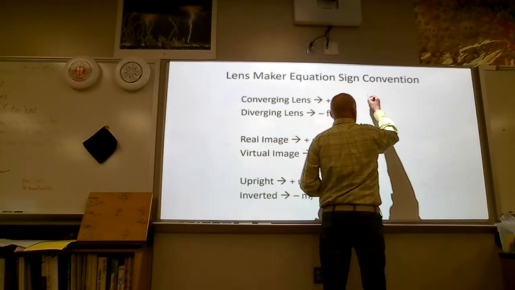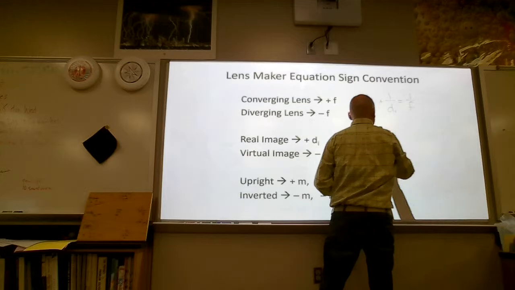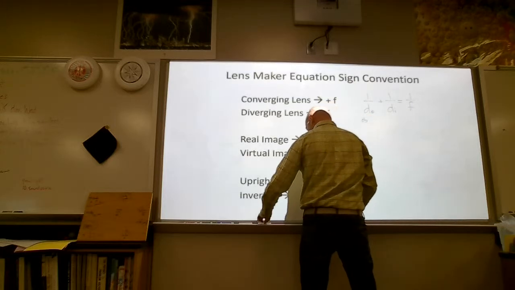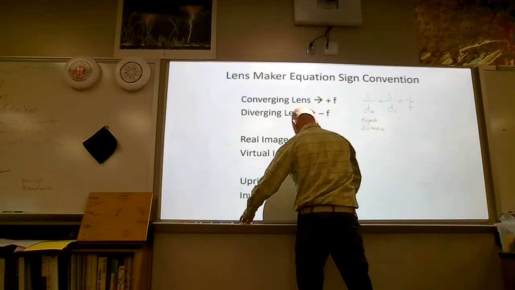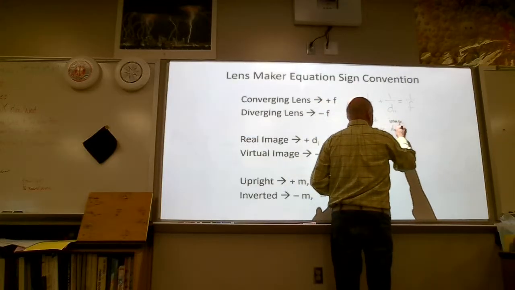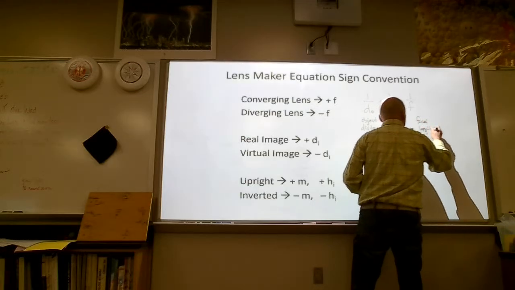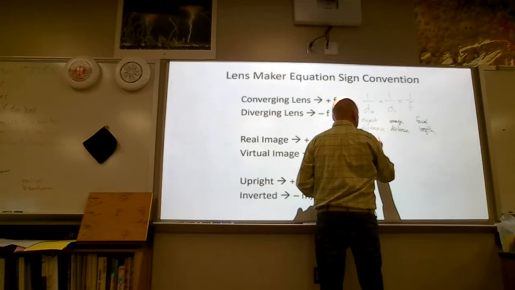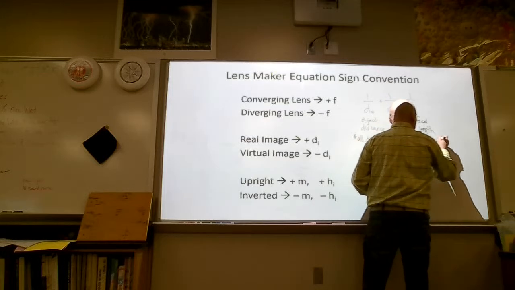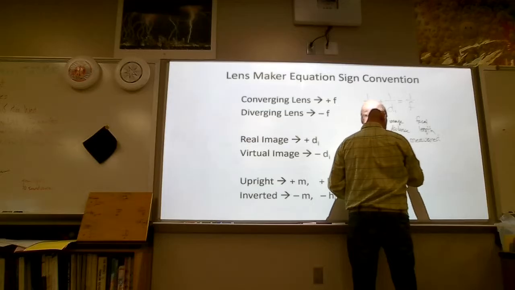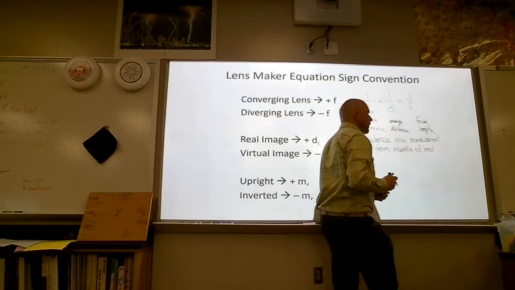This is the Lensmaker equation: 1 over the object distance plus 1 over the image distance is equal to 1 over the focal length.